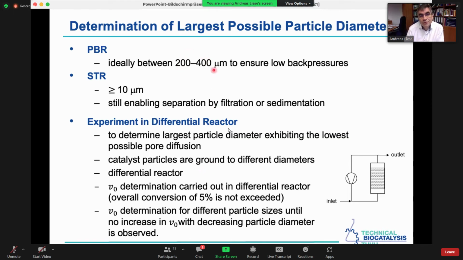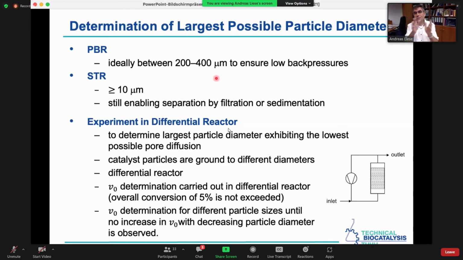We can use the big particles we have here, which we then grind to different sizes. In solid process engineering, this is called classification. You have different filters with different pore sizes, and if you rinse the particles through, you can filter off different particle sizes by the mesh hole size of these stainless steel filters.